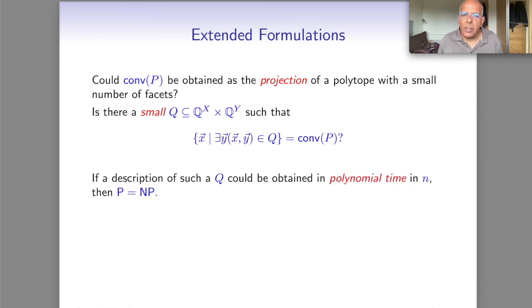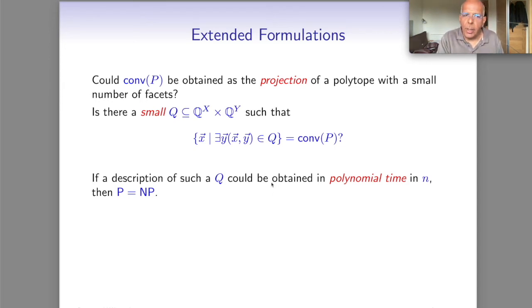If you could come up with a description of such a Q in time polynomial in n, then P equals NP, because we'd have a polynomial time algorithm for solving the traveling salesman problem.